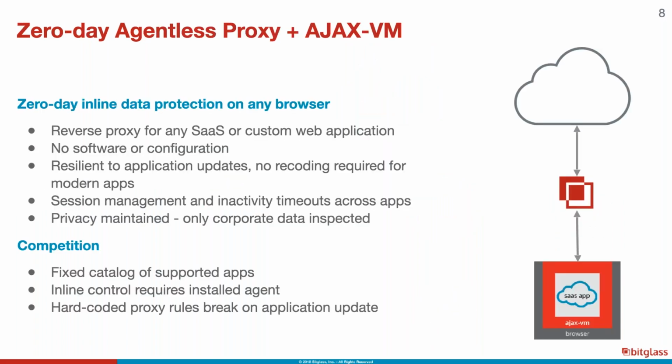So what is the unique thing there? Because there are multiple CASBs out there right now that are offering a reverse proxy as well. From the BitGlass perspective, what makes us unique is that we have dynamic rewriting algorithms in our solution. Once we have done the identity flow, so we are in the middle, then we send with the application a wrapper.